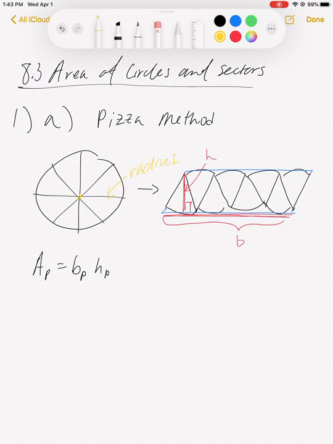And then we can also measure, like we did in the last section, the circumference. So the circumference is the distance all the way around the circle. Okay. So we can measure the circumference and the radius. And so where does that lie in our parallelogram?